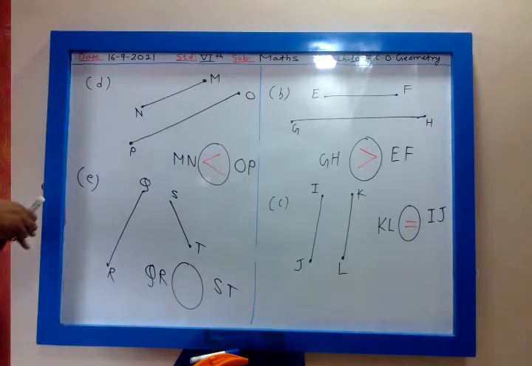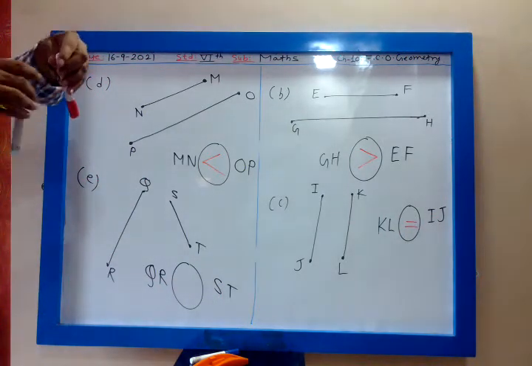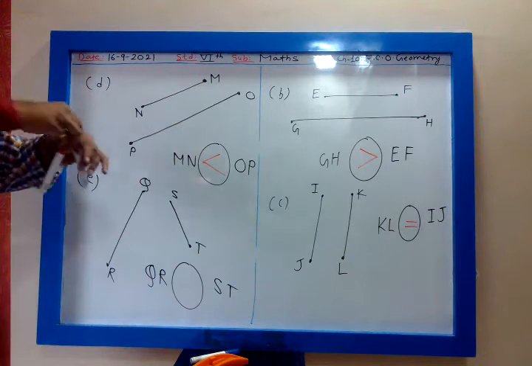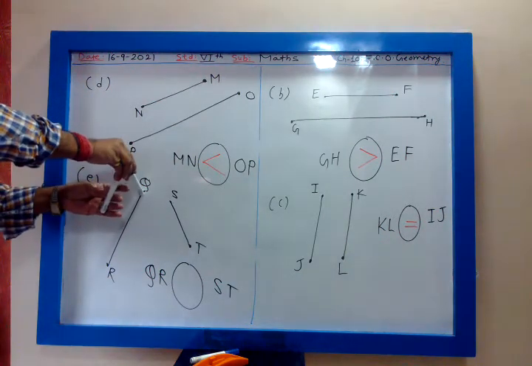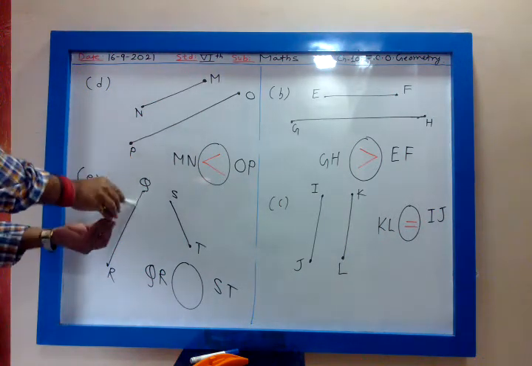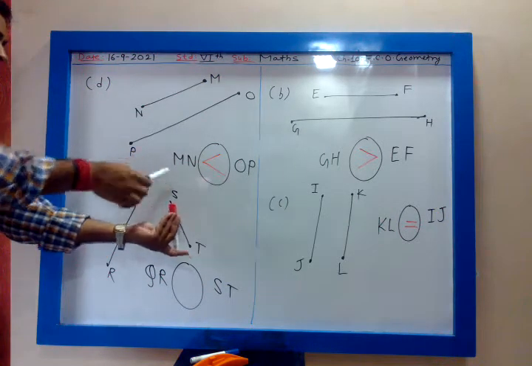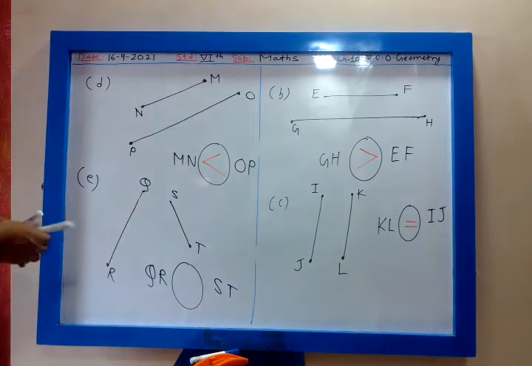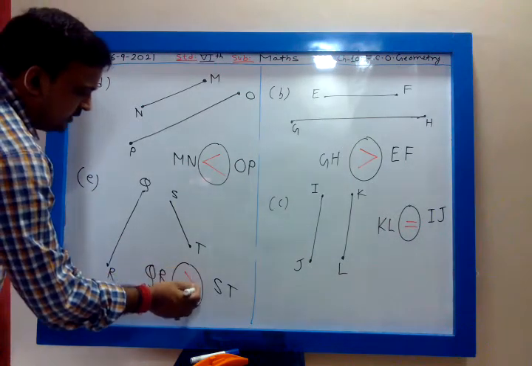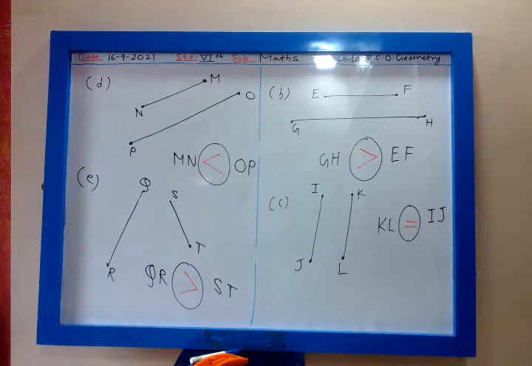QR is bigger. How will you use the divider? One tip of the divider you will keep at Q, another tip at R. Then one tip of the divider you will keep at S, another tip at T. So QR is bigger than ST.